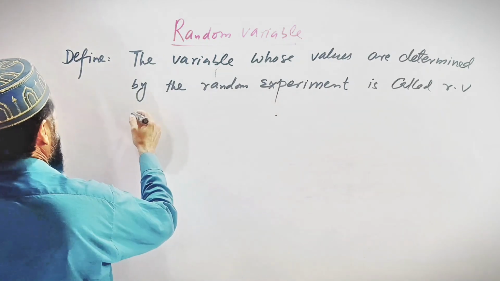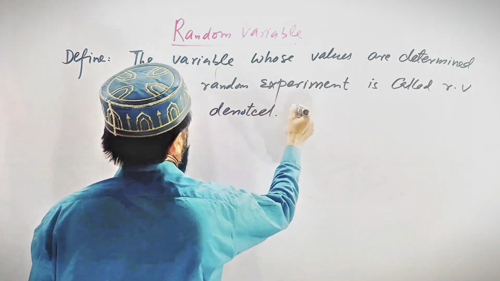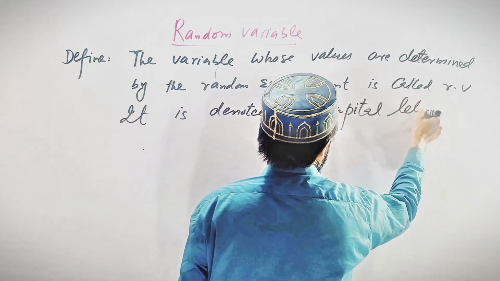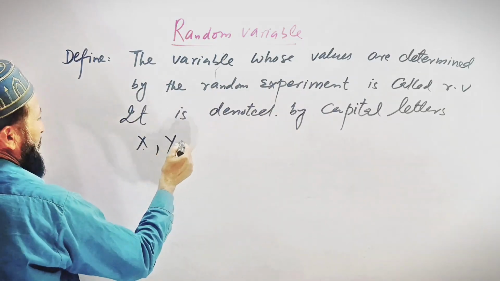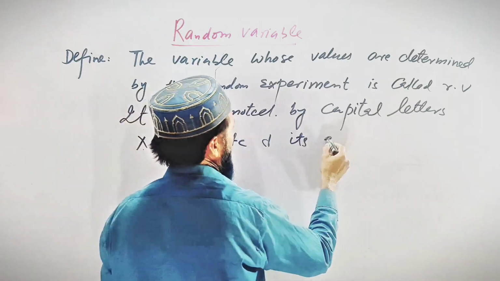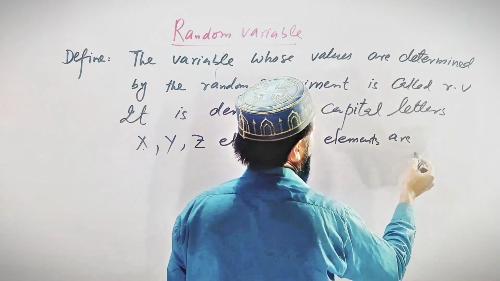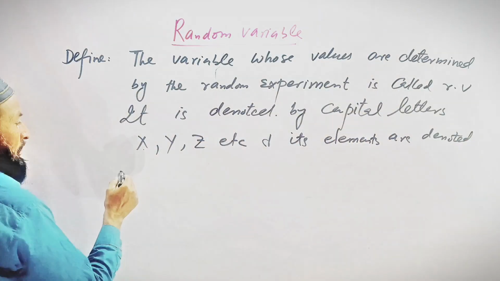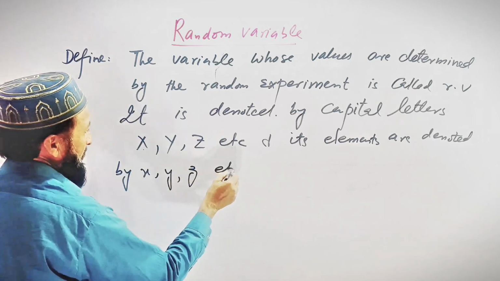And it is denoted by capital letters, for example X, Y, and Z, etc. And its elements are denoted by small letters x, y, and z, etc.